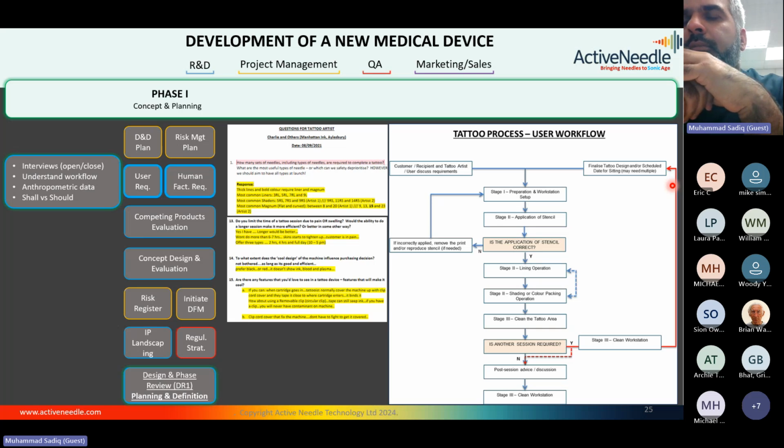What we agreed on by speaking to the tattoo artist and understanding the workflow is that the cable needs to come out from the front, because if it goes from the back, it can come in the way of various things in a typical tattoo studio setup. So understanding workflow and how the users normally use the products, every minute detail needs to be captured properly.